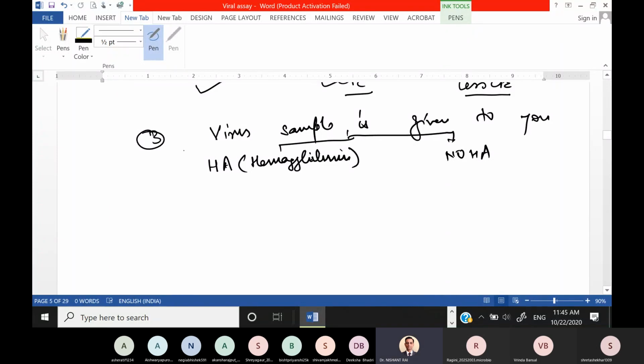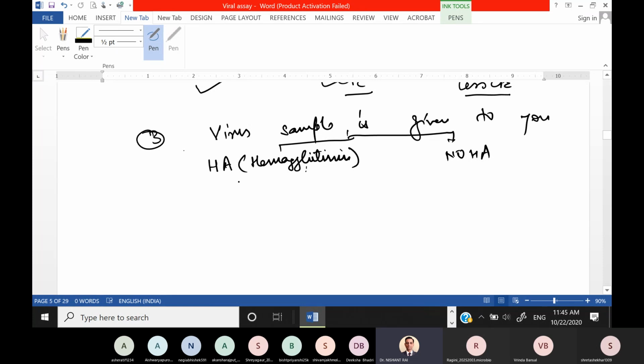You have studied a property: effects of viruses on cells, lytic effect, lysogenic effect, hemadsorption and agglutination, and transformation effect. So a virus sample is given to you. It is asked to confirm whether it is containing hemagglutinin or not.